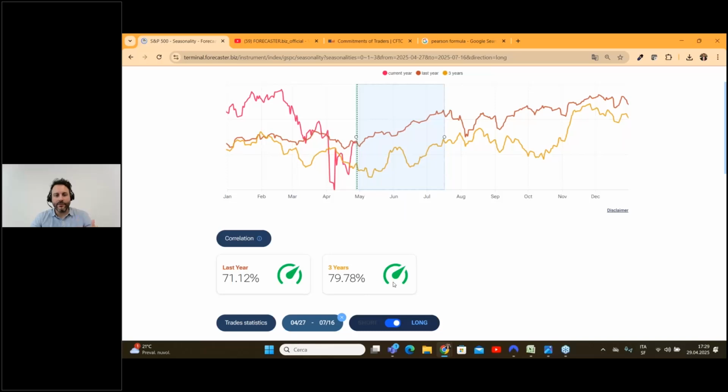You will find the green, which means high correlation, when the correlation is above 70%.